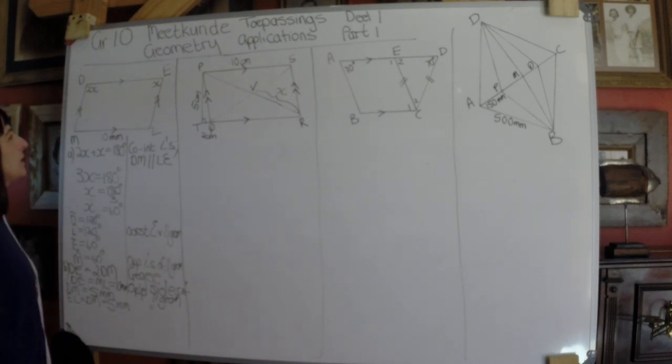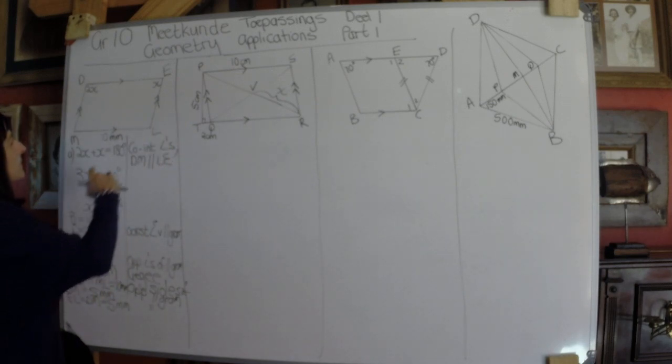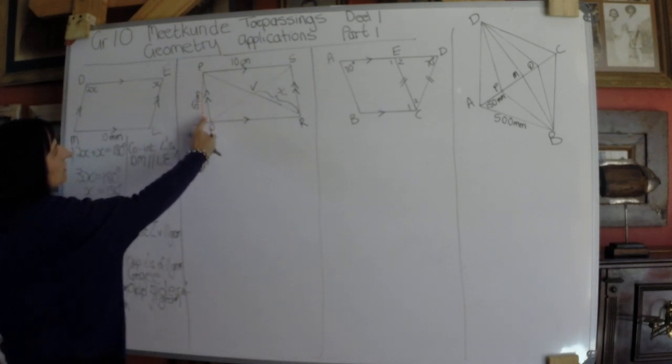Okay, we know this is a parallelogram, so this is a Pythagoras triangle, so we can determine the value of PQ.